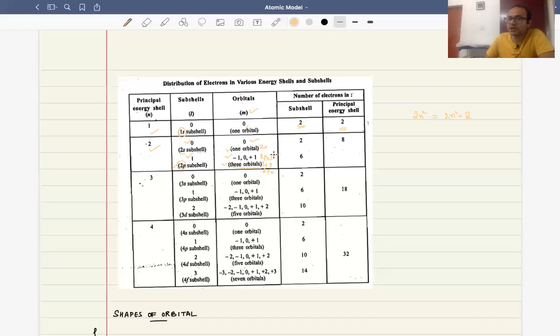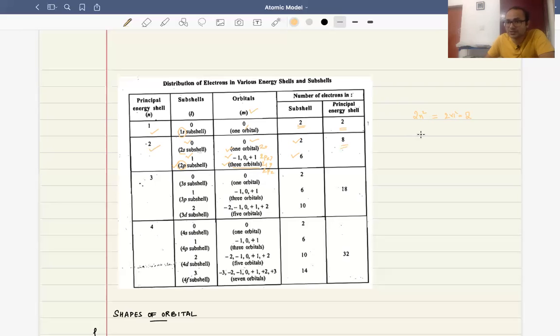Each orbital can accommodate 2 electrons. So the 2s can accommodate 2 electrons. Since 2p consists of 3 orbitals, each accommodating 2 electrons, a total of 6 electrons is possible. So the principal energy shell with n equal to 2 can accommodate in total 8 electrons.